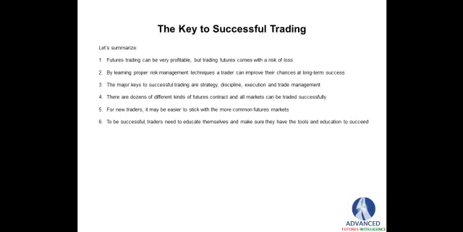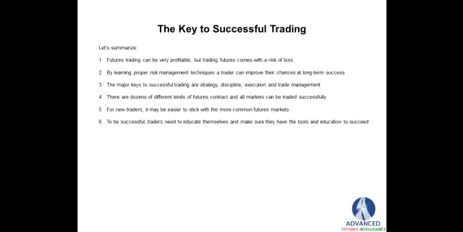Point 3. The major keys to successful trading are strategy, discipline, education, execution, and trade management. Make sure you have all of those in place so that you can maximize your chances of success. Point number 4, there are dozens of different kinds of futures contracts, and all of them can be traded successfully.